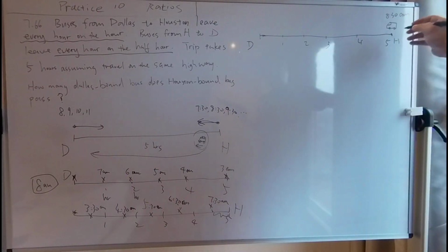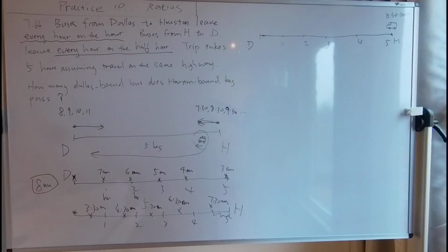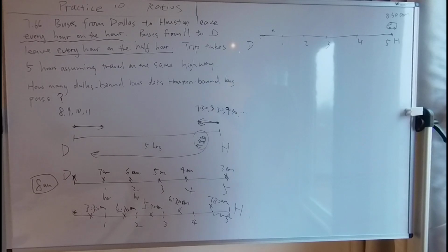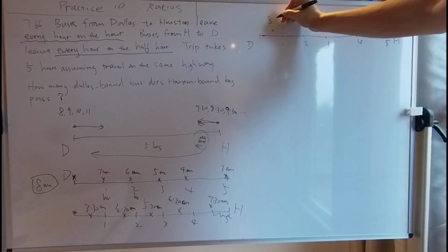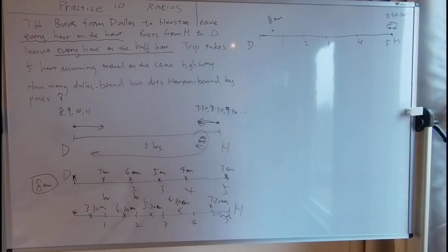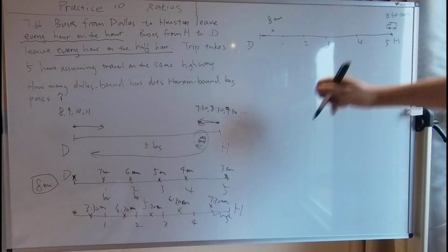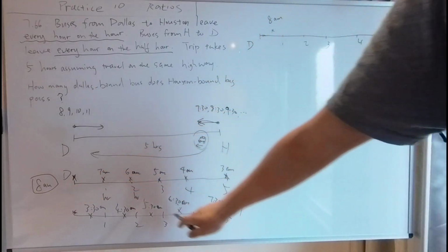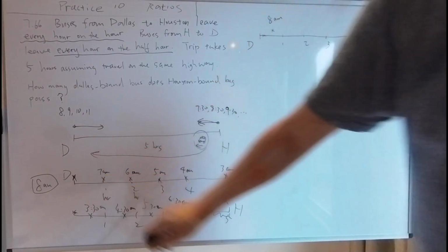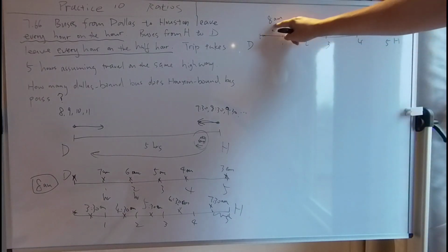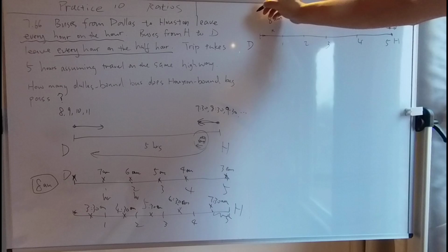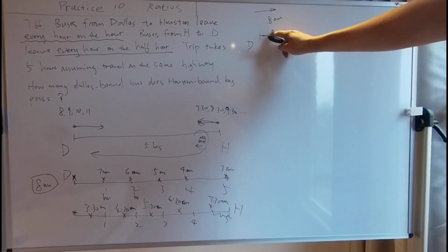So at 8:30, at this point of time, the 8 o'clock Dallas bound bus has already departed half hour, right? If right now the clock is at 8:30, that means your 8 o'clock bus has traveled half hour already. So the 8 a.m. Dallas bound bus is over here, right?